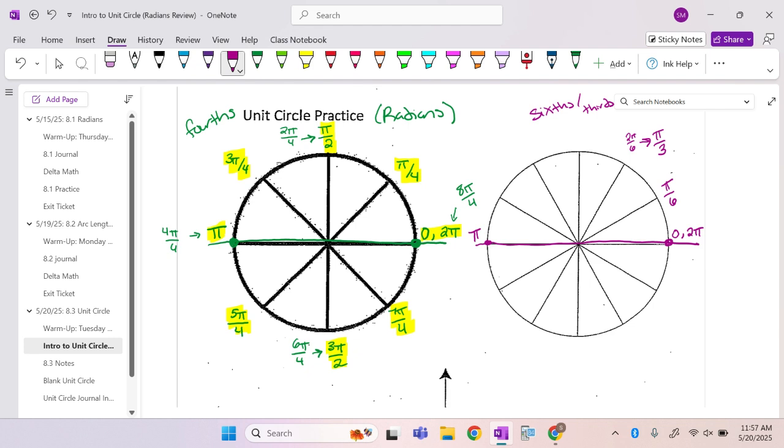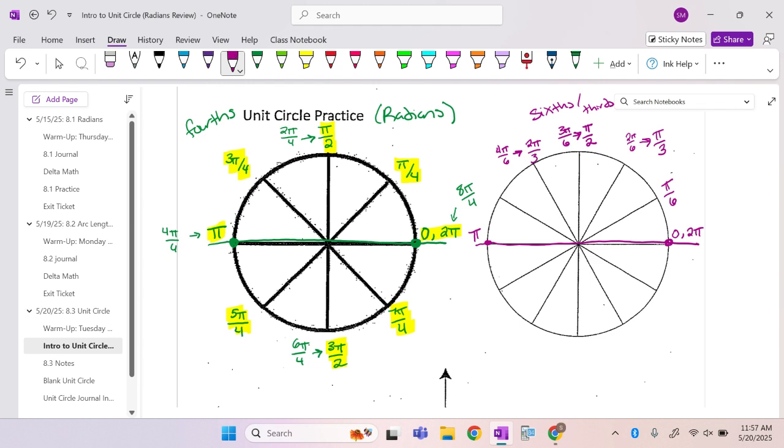What do I get? 3 pi over 6, obviously, which simplifies down to pi over 2. Add another 6. What do I got? 4 pi over 6, which simplifies down to 2/3 or 2 pi over 3.